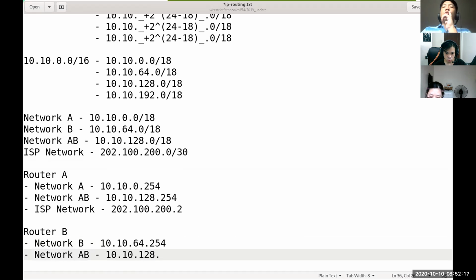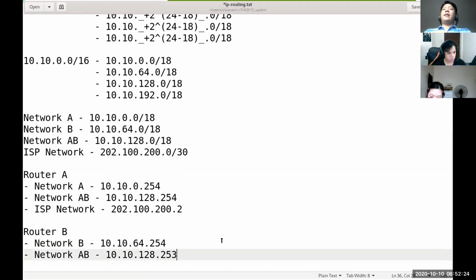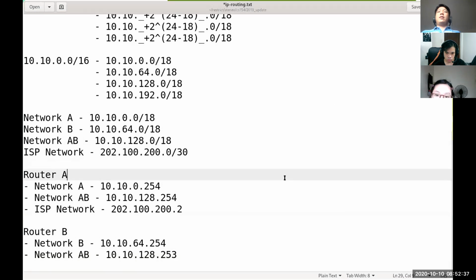So can I still use 254? I can't because router A is already using it. So I use 253. Okay, I hope that was clear. Question so far? Okay, none yet. Good, good.